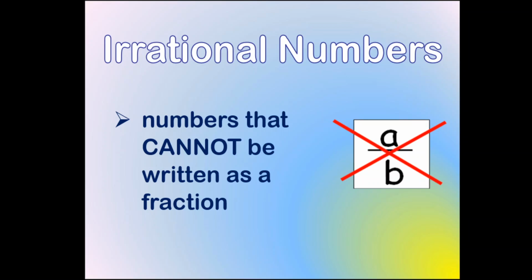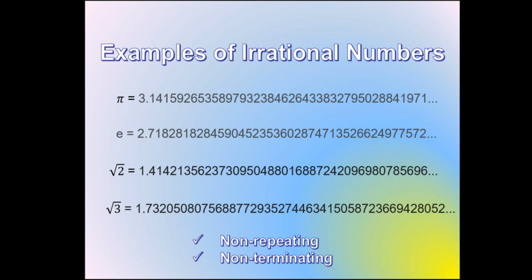Now we have irrational numbers. Say it with me, please. Say irrational numbers. These are numbers that cannot be written as a fraction. As the picture shows, we can't write it as a over b. So numbers that we cannot write as fractions are called irrational numbers.